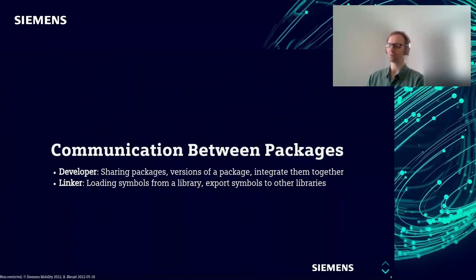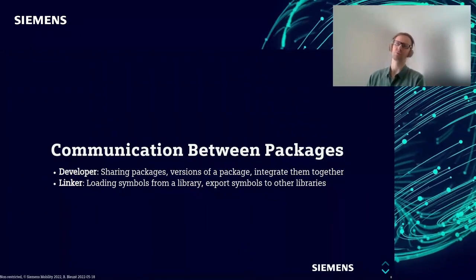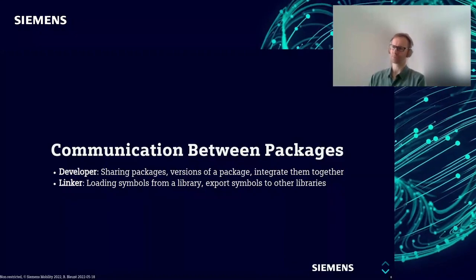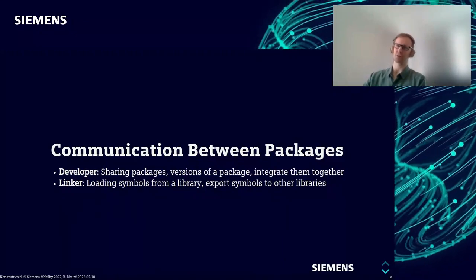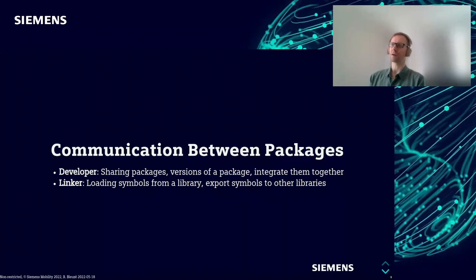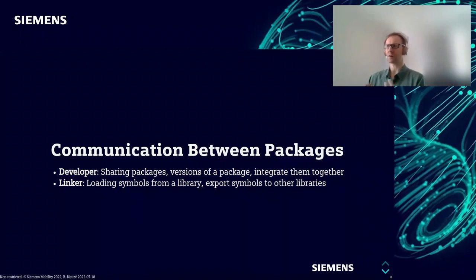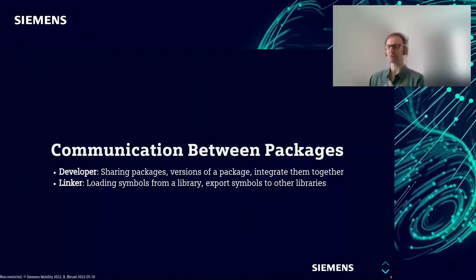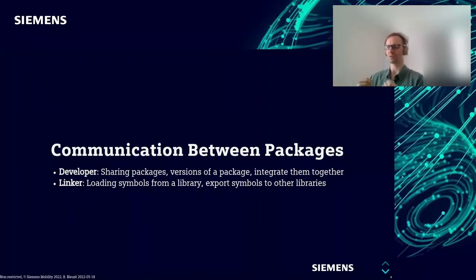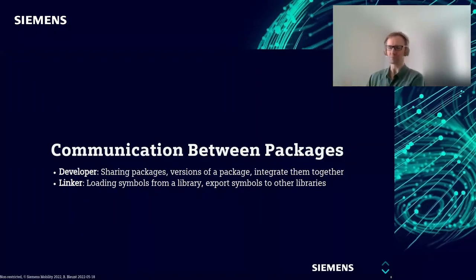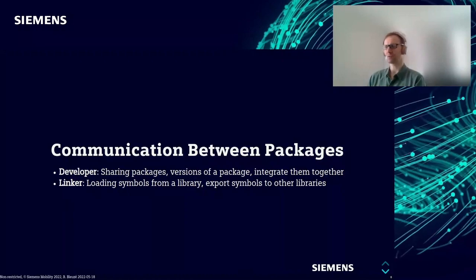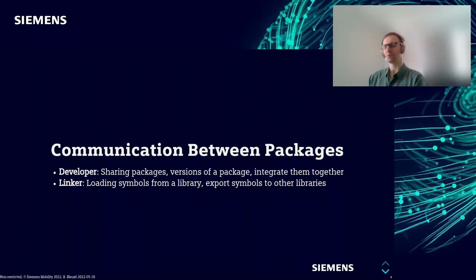What is the most costly thing is communication between packages, and communication at different levels. When you think about the developer scope, it's about sharing packages with others, sharing versions of a package: what's new in a package, what is the problem with a dependency that you have, and how you integrate them all together.